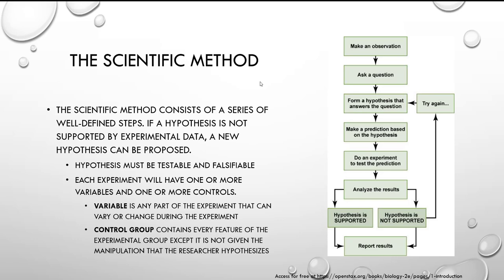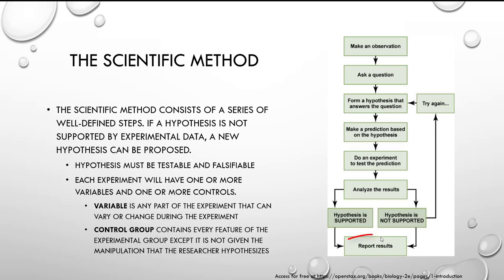Let's say after a month, I noticed that the fertilizer group grew faster than the control group. So that's when I have tested my experiment and analyzed my results, and I find that the hypothesis is supported, that fertilizer does cause them to grow faster.